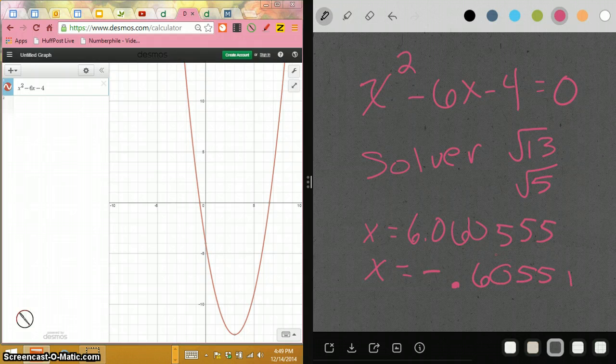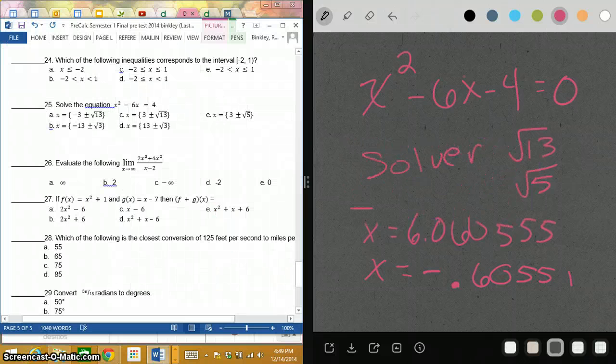And then what I did for this one, you could obviously use the quadratic formula if you want. I just don't have that memorized like you guys have the song memorized. Then I just decided which one was the closest one to this by entering in the numbers into the calculator, and that turned out to be C. So 25 was equal to C.